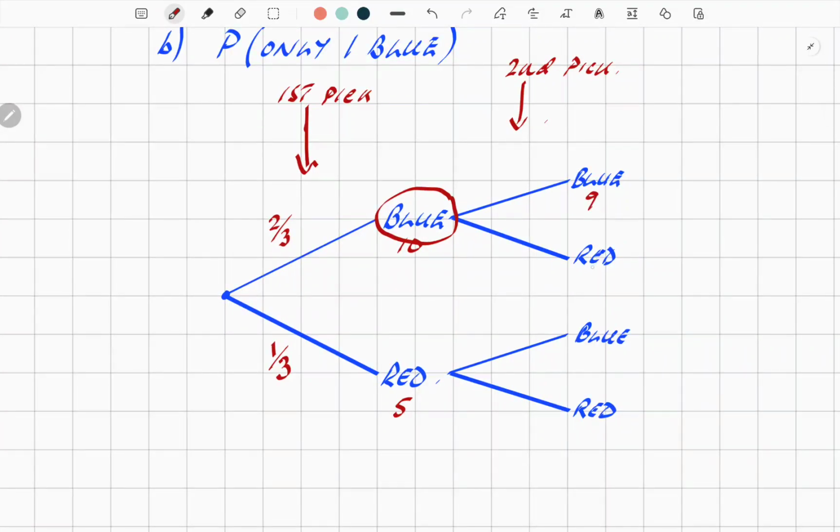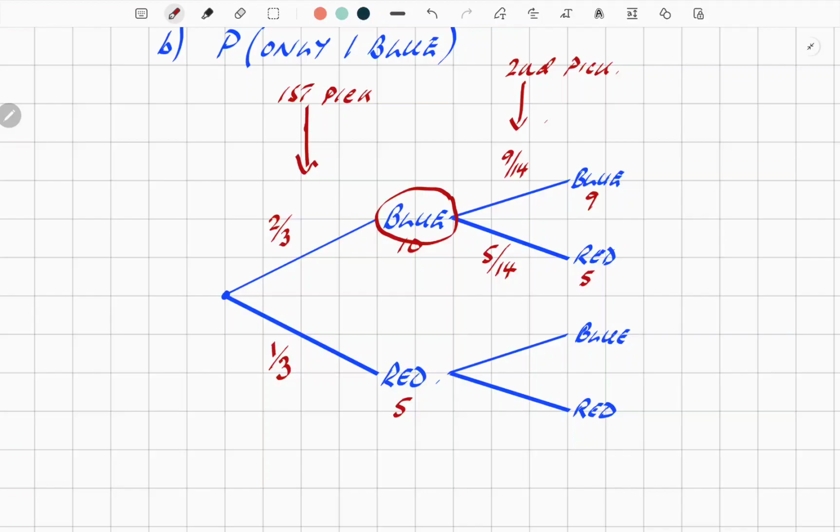How many reds? 5. Brilliant. So what's the probability of picking a blue? 9/14. Excellent. And the probability of picking a red? 5/14. Brilliant.